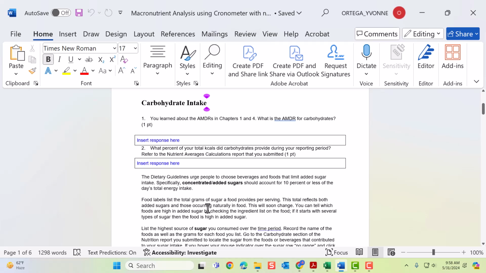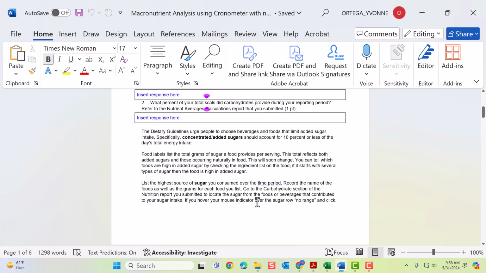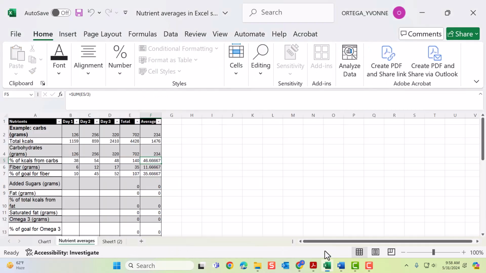This is in Word, so again, you want to use your free access to Office 365 that we talked about for the last assignment. Okay, so these are just questions. Question number 2 says, what percent of total calories did carbohydrates provide during your reporting period? This would be found on your nutrient averages calculation sheet.